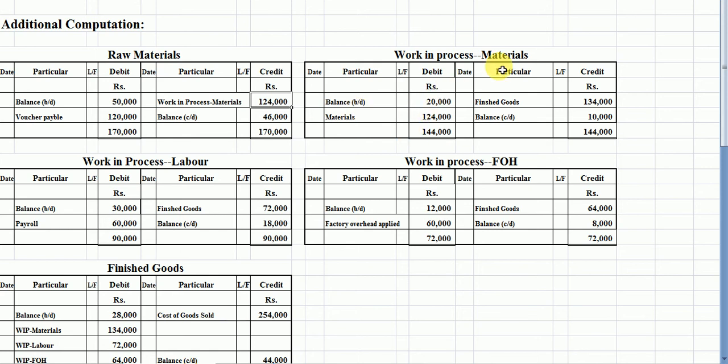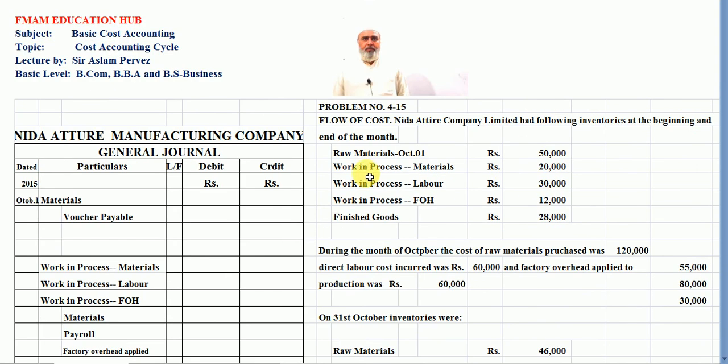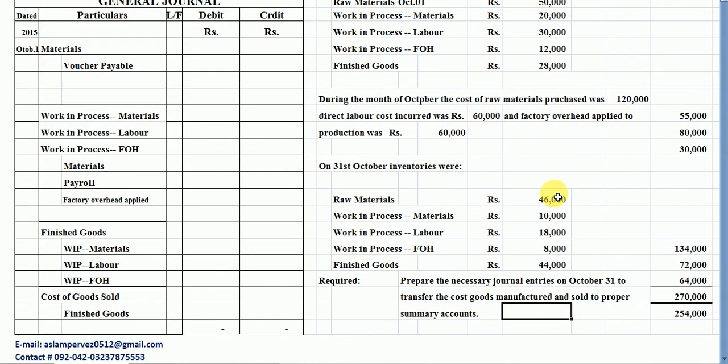Now in work in process material, the opening inventory is 20,000 rupees and the ending inventory is 10,000 rupees. We have to use this cost in the given ledger.